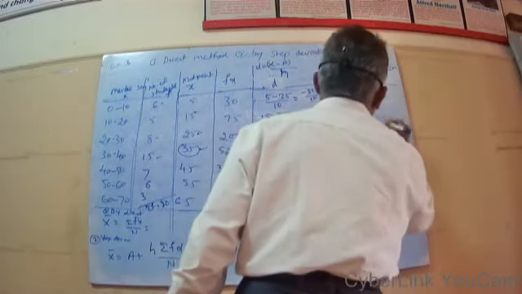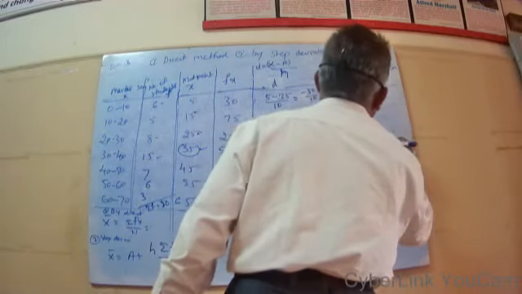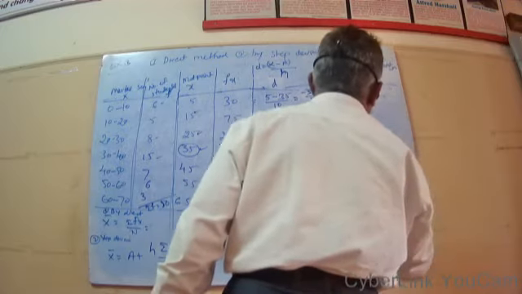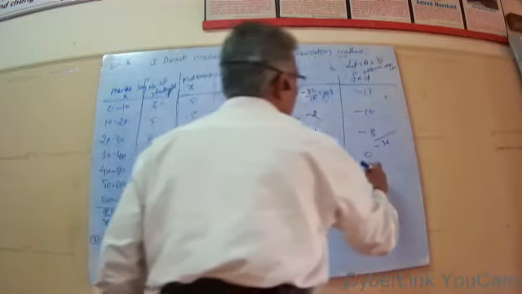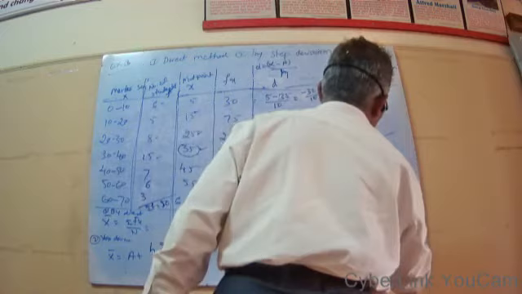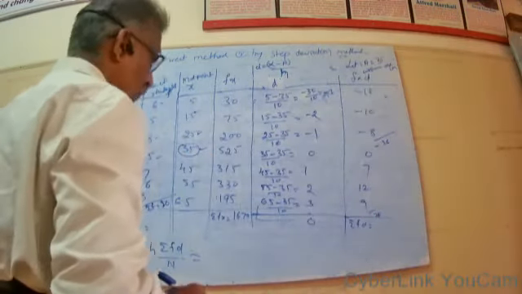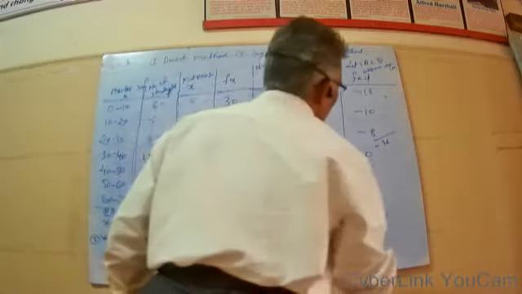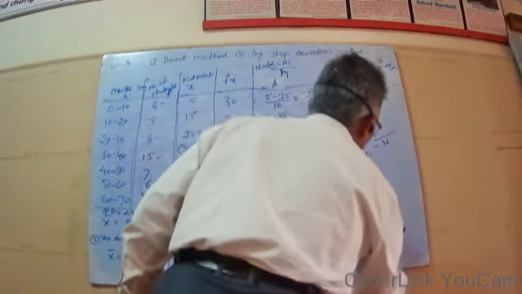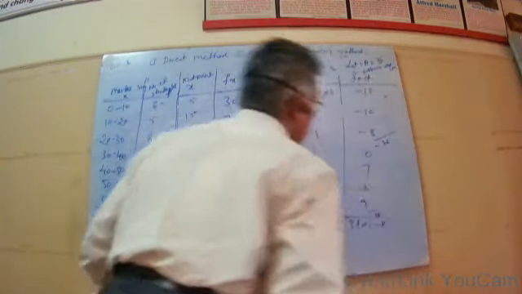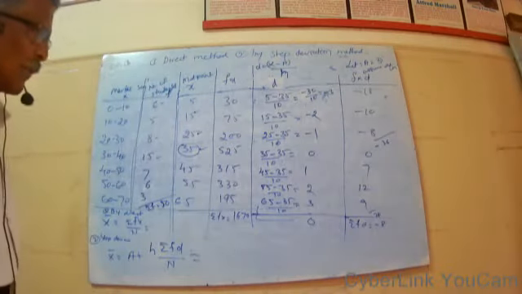So the negatives are 36 and the positives are 28, so 28 minus 36. So sum of fd equals minus 8.